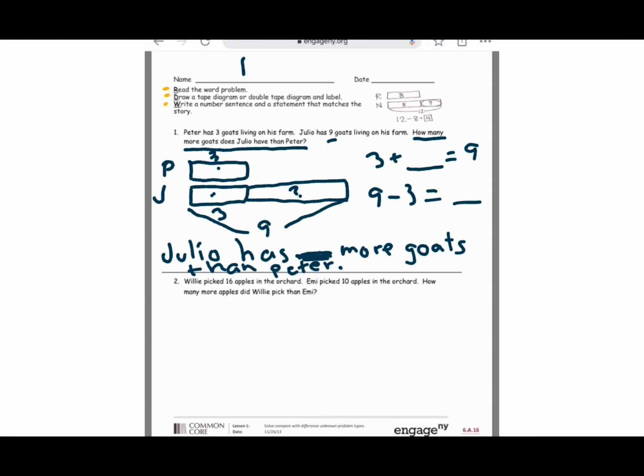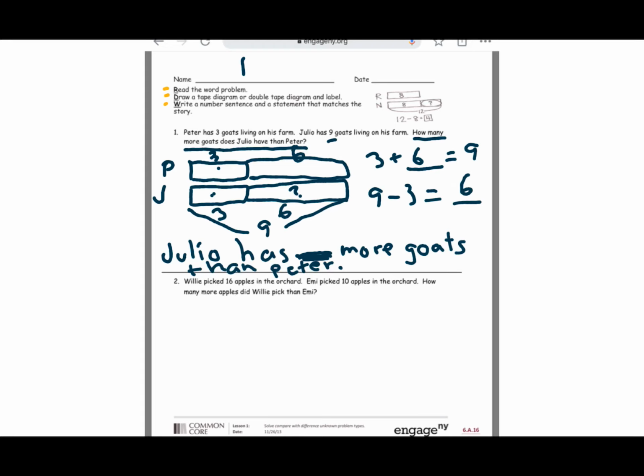If you already know 3 plus blank equals 9, what would my other tape diagram be? How many more goats does Peter need to catch up to Julio? And the answer should be 6. So I'll put the 6 there, and the question mark here is 6. So 3 plus 6 equals 9, or 9 minus 3 equals 6.